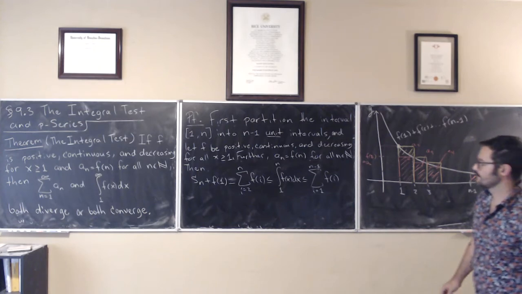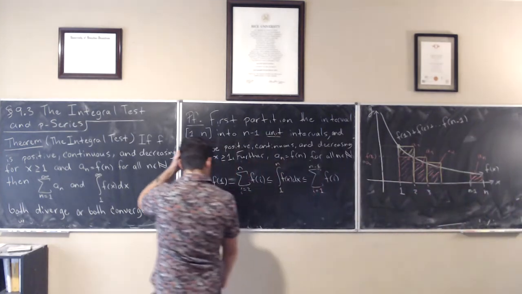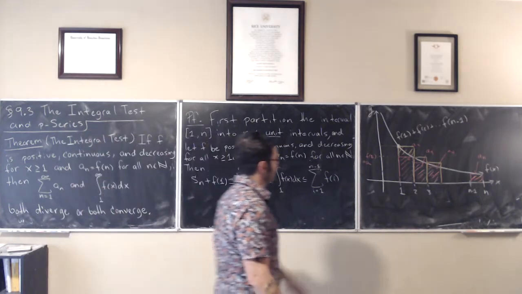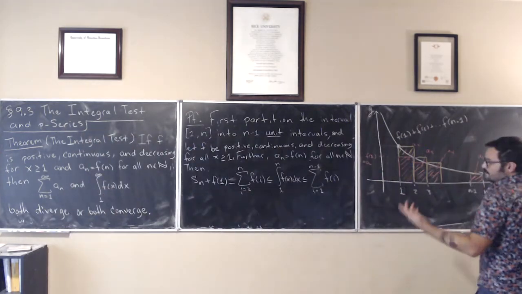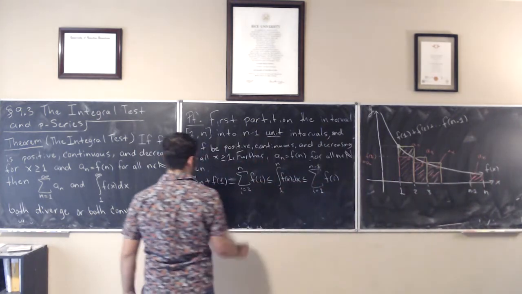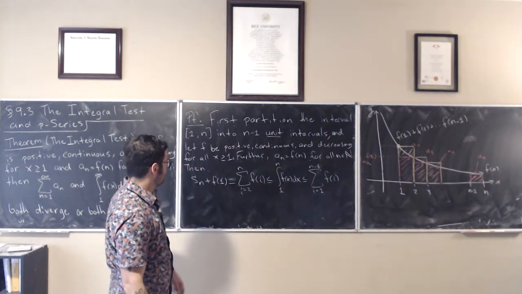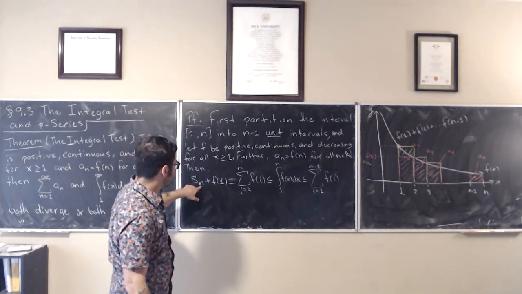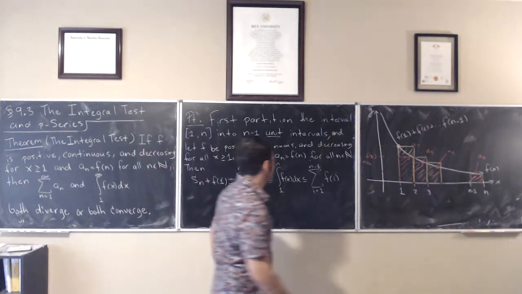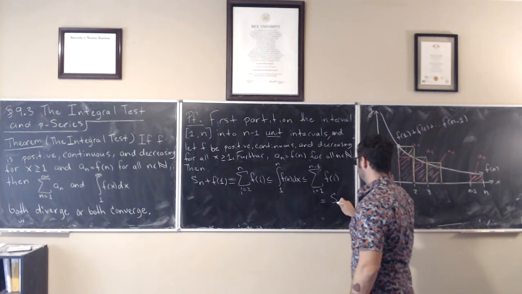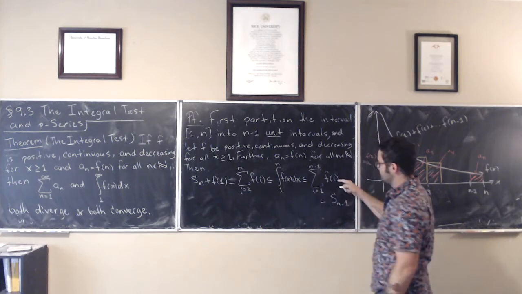Okay, but now the way that we've set this up, right? This is like how this is related to the nth partial sum here. And this is like the S of n minus 1 partial sum.